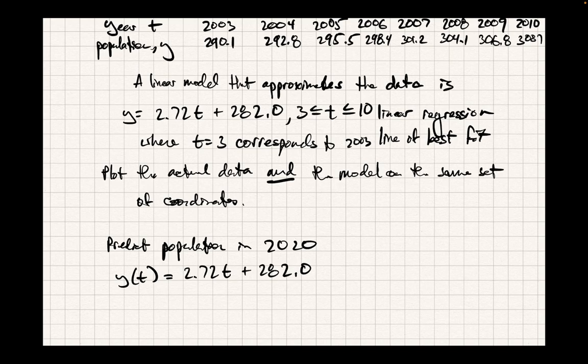Because we used 3 and 10, we're probably just going to use 20. So t equals 20 corresponds to 2020. And what do I do with my t equals 20? You just plug in 20, so y of 20 equals 2.72 times 20 plus 282.9.